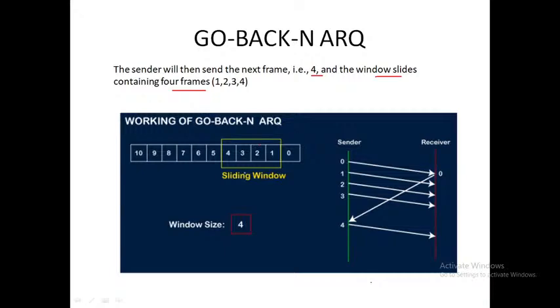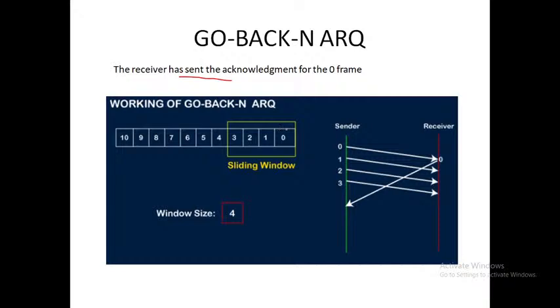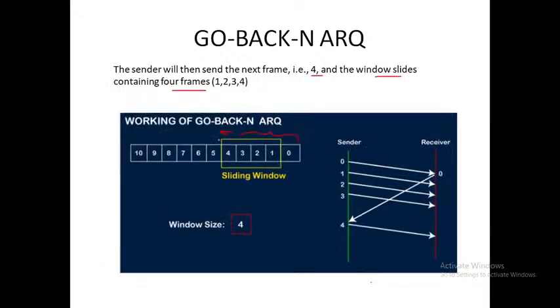Previously it was 0, 1, 2, 3. Now the window has been shifted. You can see in the previous slide that it was 0, 1, 2, 3, and now after getting the acknowledgement of frame 0, it has been shifted, and now it will be 1, 2, 3, 4.